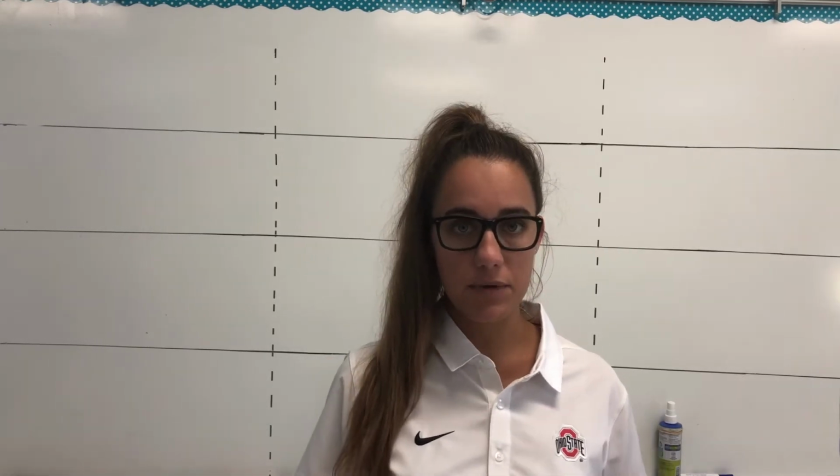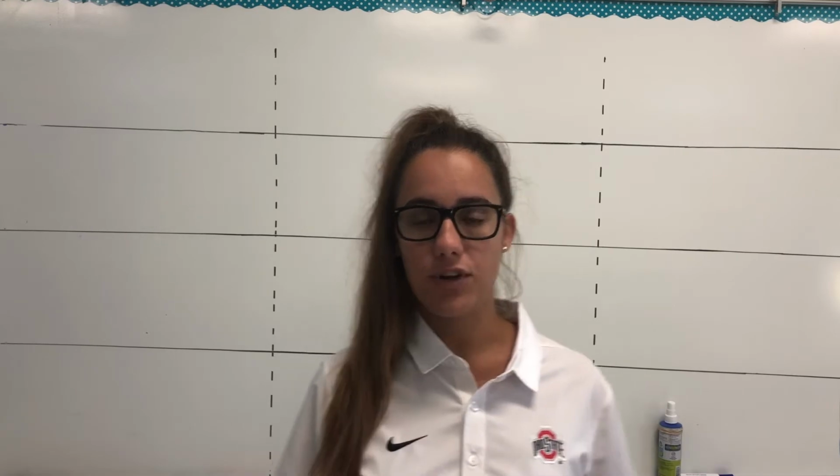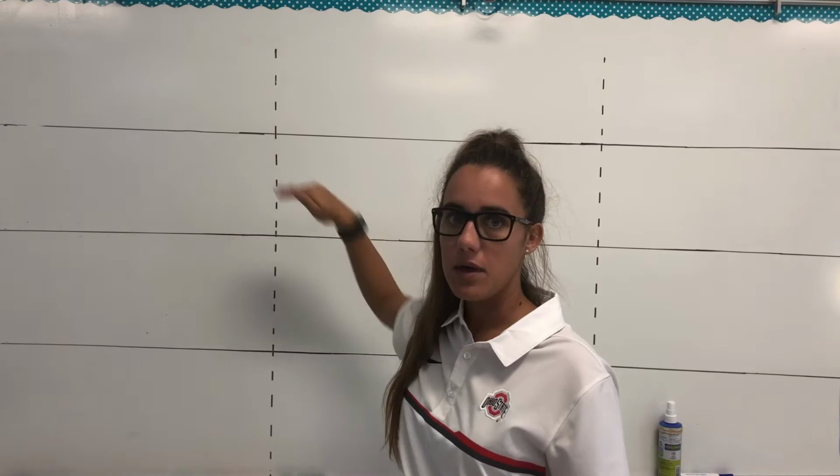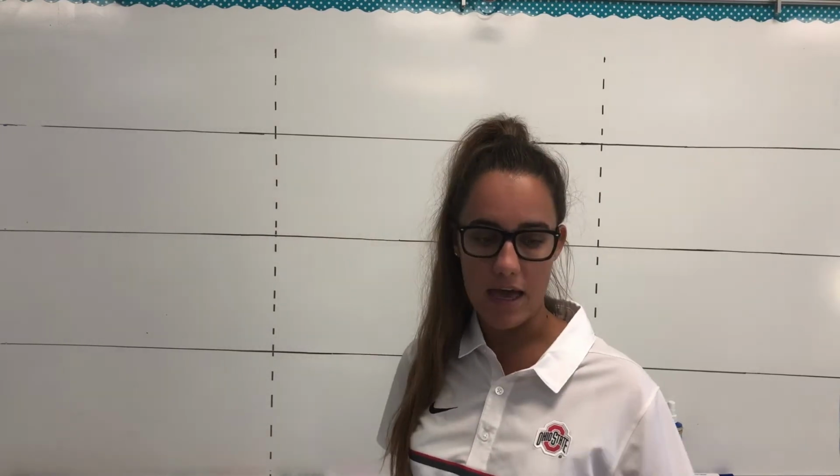So the first thing that we need to do is label our altitude lines. That's these lines that you drew parallel to the long edge of your paper.